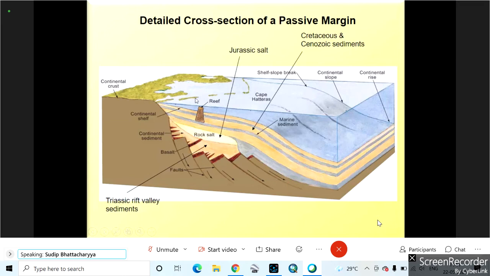So in a passive margin, we may get a huge sedimentary thickness, and with that information from almost Jurassic or Triassic up to the Cenozoic.